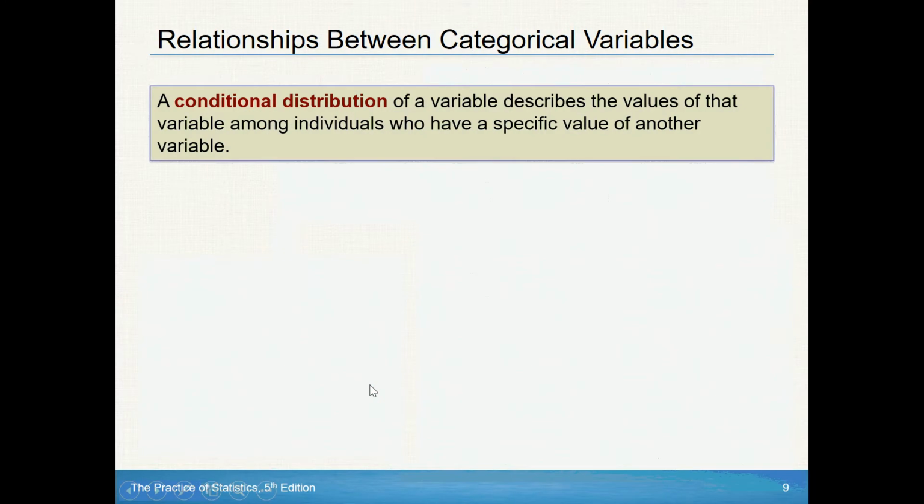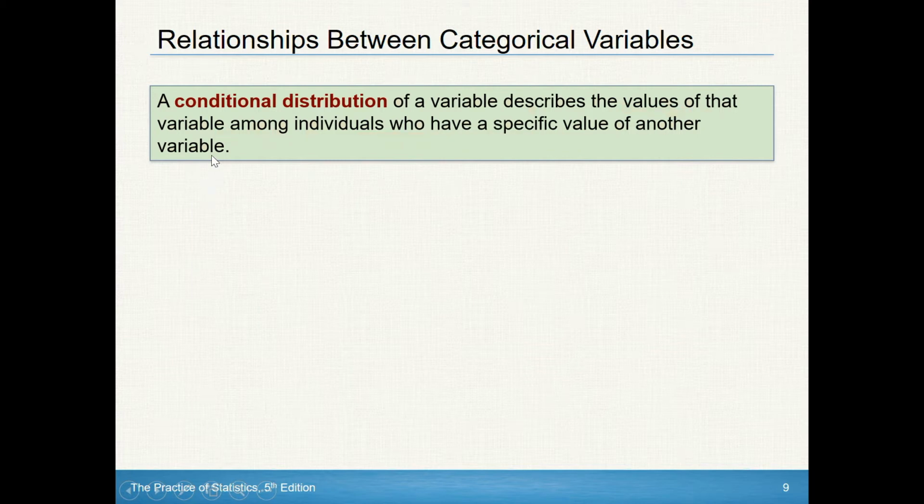Now, that's marginal distribution, looking at the margins, looking at just one of the categorical variables. We could also do an analysis comparing the two different variables. That is what's referred to as a conditional distribution. It says a conditional distribution of a variable describes the values of that variable among individuals who have a specific value of another variable.